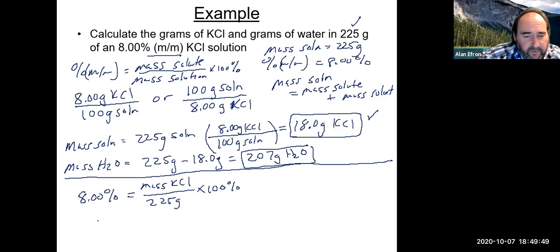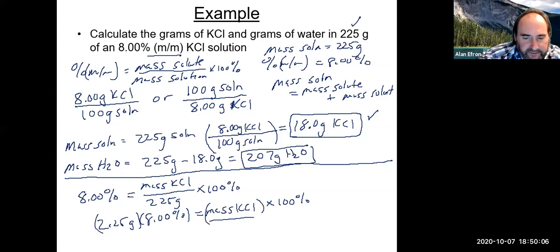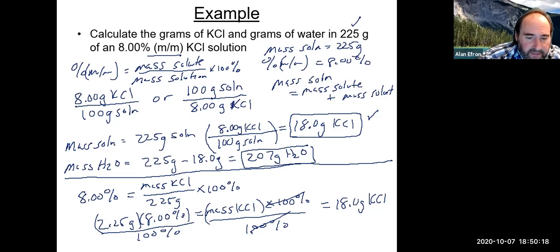So that would give you 225 times 8% would equal the mass of the KCl times 100%. Then you would divide by 100%. Those cancel, and you'll end up with the 18 grams of KCl. Mathematically, if you just look up on top there, you're basically doing the same thing. Sorry, it's not 2.25, it's 225.